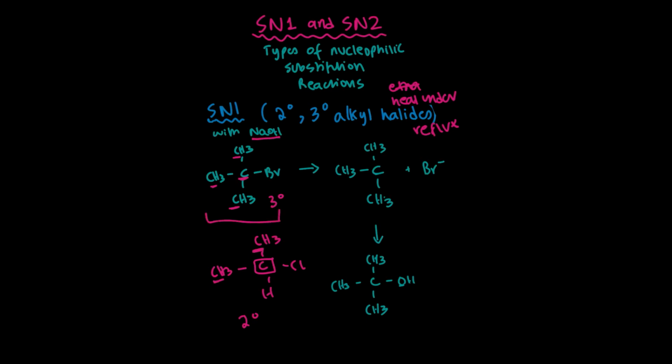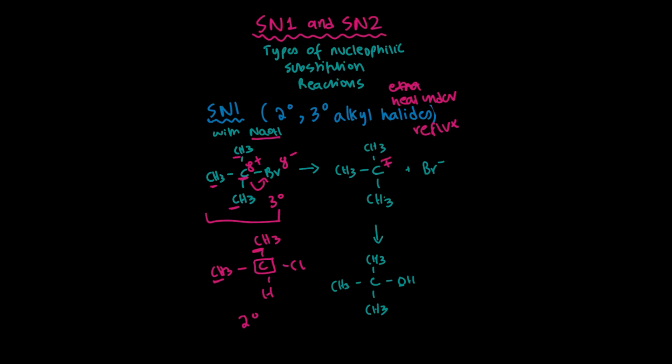Because this is a polar compound, the bromine is going to be more electronegative than carbon, which is why it's going to have a partial negative charge. Because of the difference in electronegativities and because of the conditions that you have, this bond is going to break heterolytically, and it's going to give you this carbocation, which is positively charged, and a bromide ion.